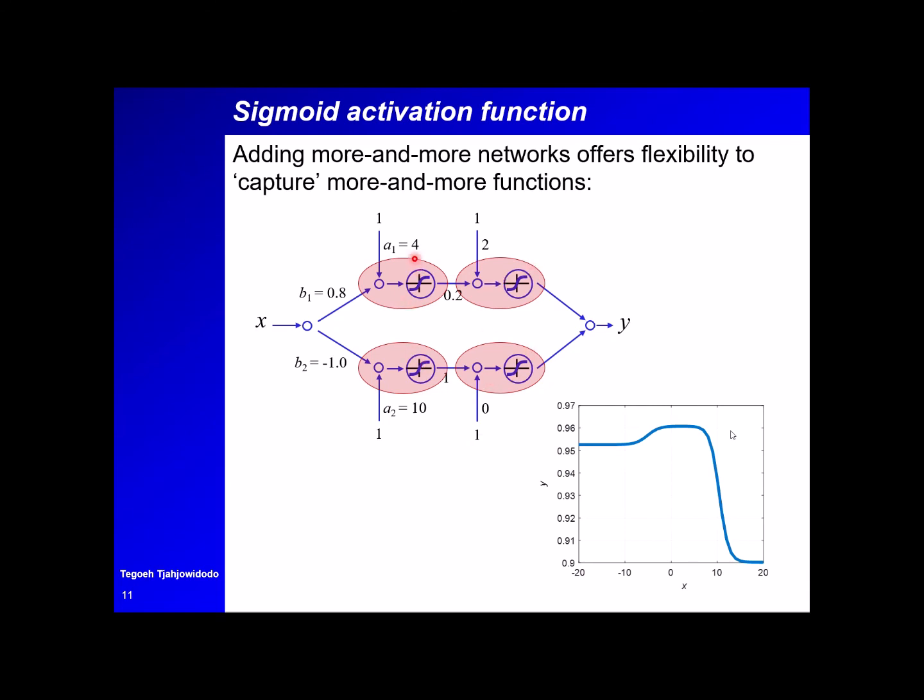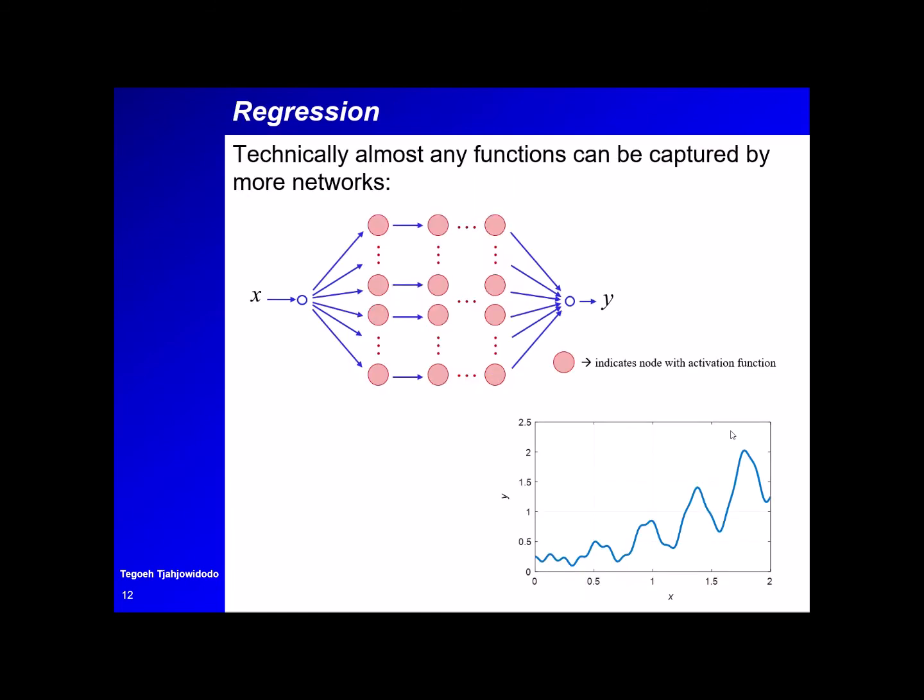What I indicated by the red balloon here is the individual network that we discussed before. Now, what does it mean? How will this offer us a better modeling approach? Let's say each of these red nodes represents the single network that we discussed before.